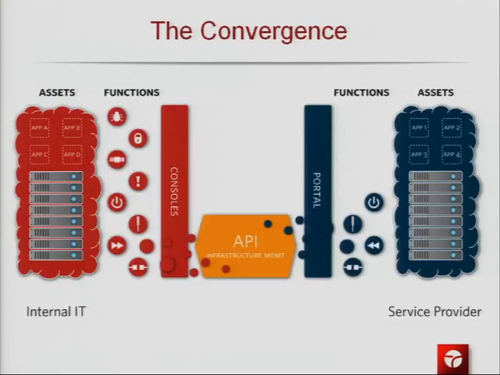So let's go ahead and piggyback on this concept. As we start to converge and our customers start to virtualize their internal data centers, leveraging the APIs like what Joel demoed today, you can start to have information passing to and from your internal IT data center and your service provider or providers.